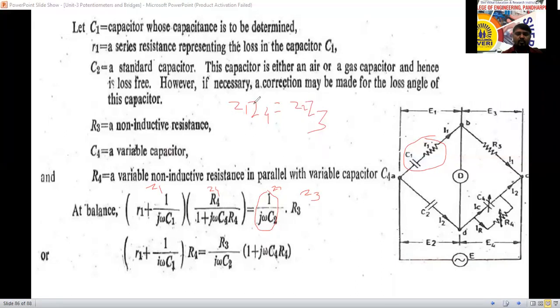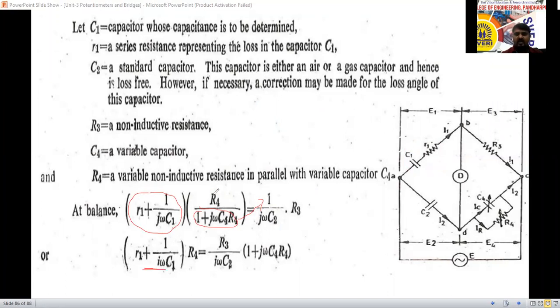Now after substituting, this is one term I will keep here, and this denominator term 1 plus j omega C4 R4 I will send to the RHS side, where it is going to multiply. The left term R1 plus 1 by j omega C1 is left as it is.